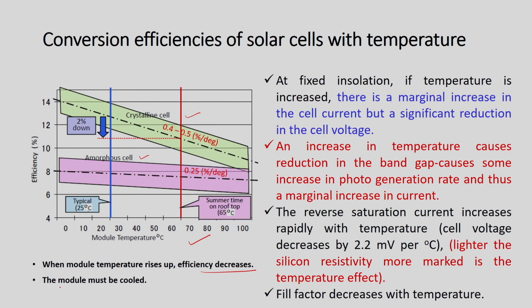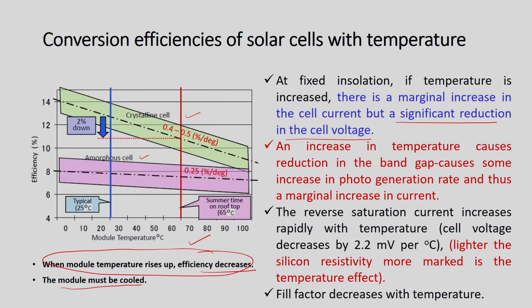So, when the module temperature rises, the efficiency decreases. We need some kind of cooling for improving the efficiency. Normally natural cooling is preferred, but why is this happening? Let us learn. At fixed insolation, if temperature is increased, there is a marginal increase in the cell current, but a significant reduction in the cell voltage.